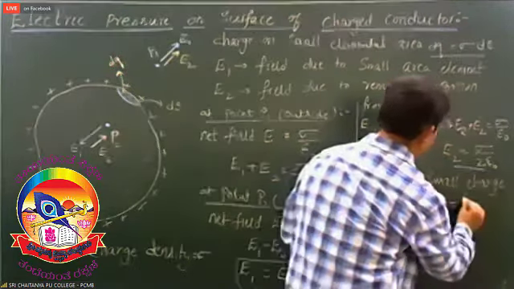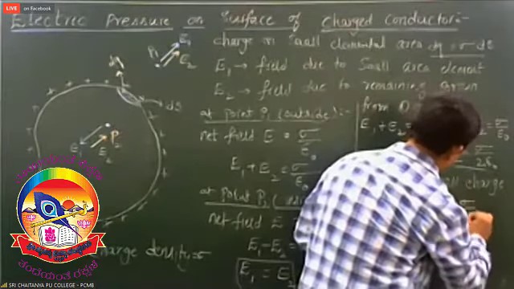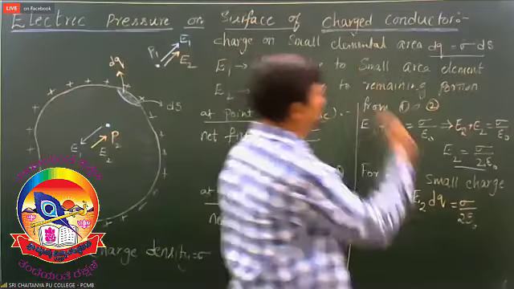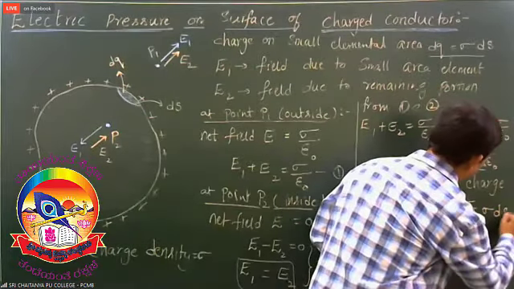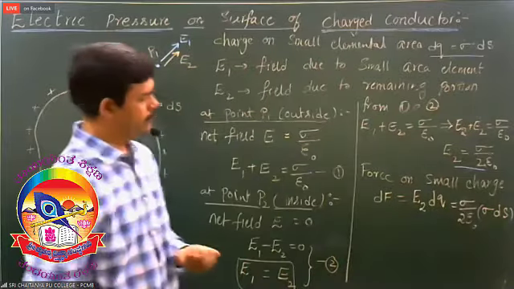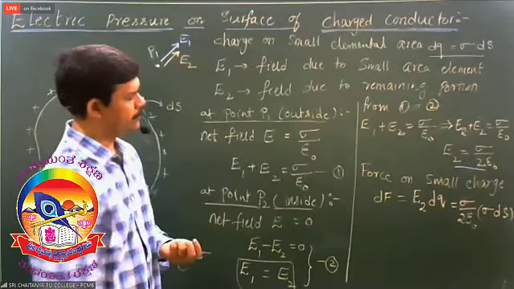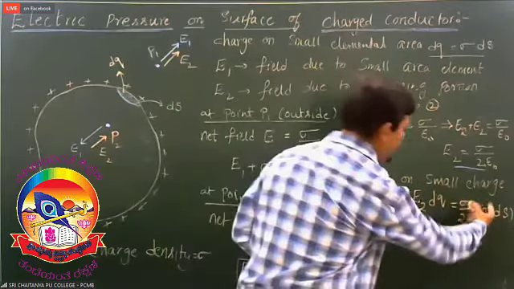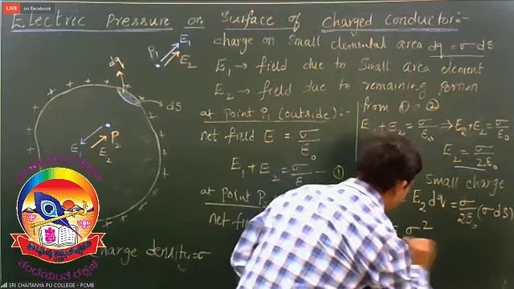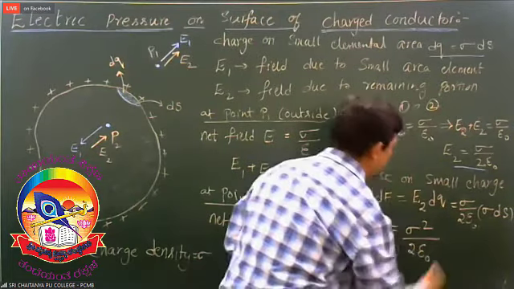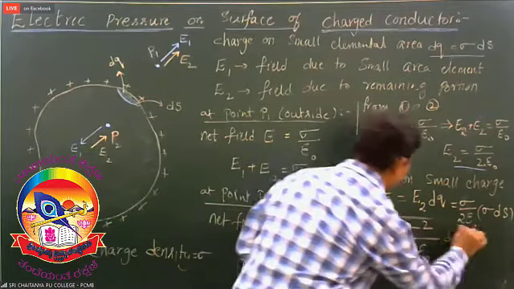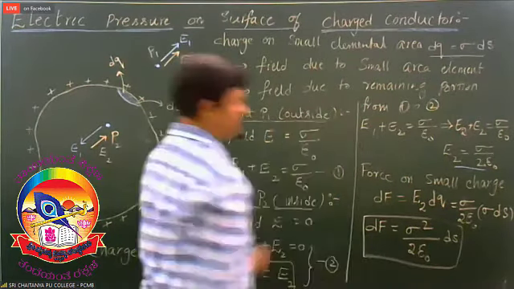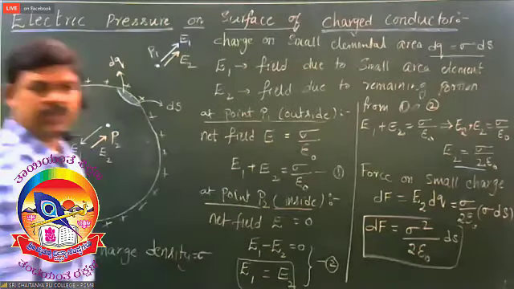E2 is sigma by 2 epsilon naught and dq is sigma into ds. So what is df you got? df is sigma into sigma, sigma square by 2 epsilon naught into ds. This is the mechanical force acting on the conductor.